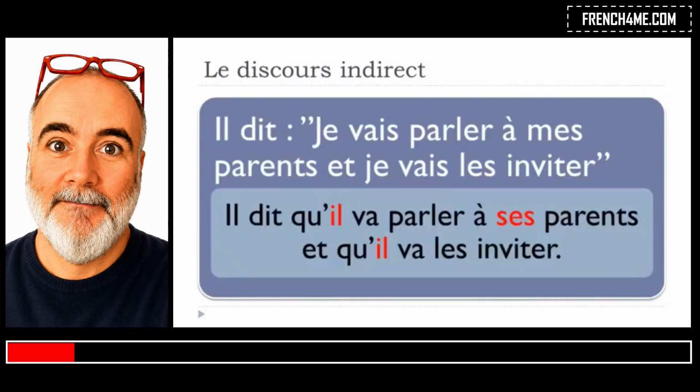And let's have a look. So je is becoming il. Mes is becoming ses. But then here les doesn't really change because you are just referring to mes parents, and in that case it was already the plural form, les invités, so it doesn't need to change at all. Okay, so il dit qu'il va parler à ses parents et qu'il va les inviter.